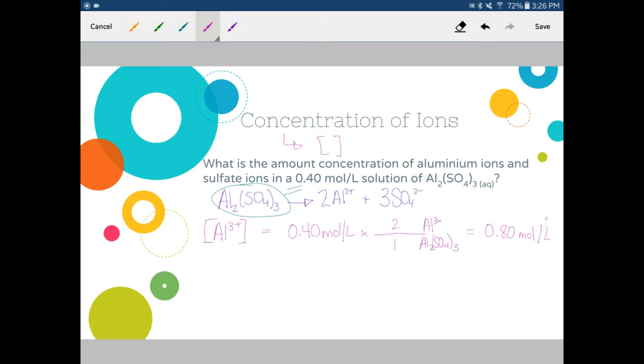So I have a greater concentration of my aluminum ions individually than I do of my entire entity. Now again, this is just because this breaks down into 2 Al3 positive and 3 sulfates. Again, I didn't really gain any concentration. It just has more aluminum ions than there is of this complete compound.